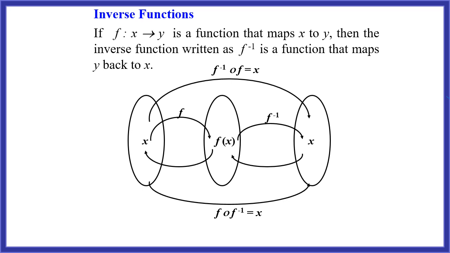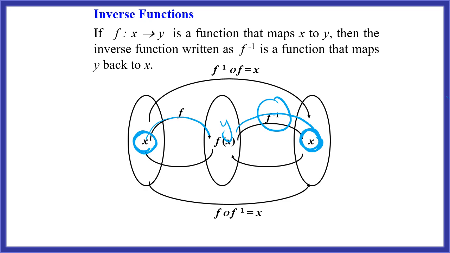If a function maps x to y, then this y will map back to x by using the inverse function. It will give you x itself again, if you do the inverse after you find the f.